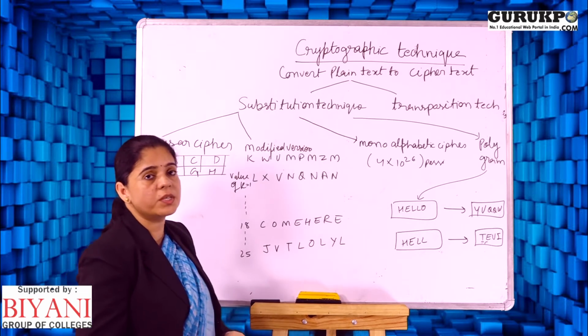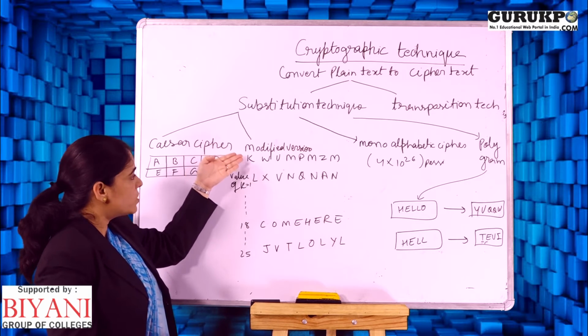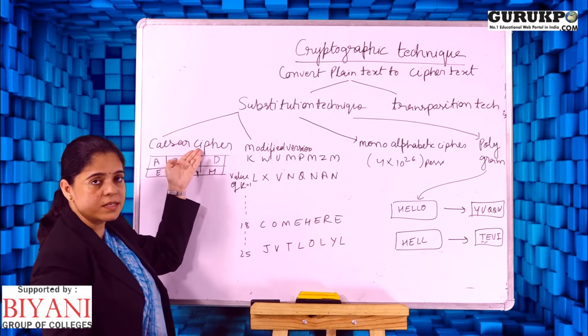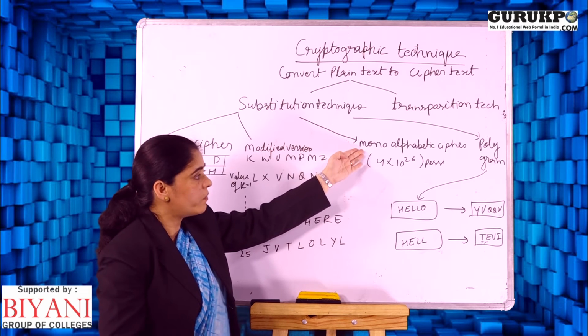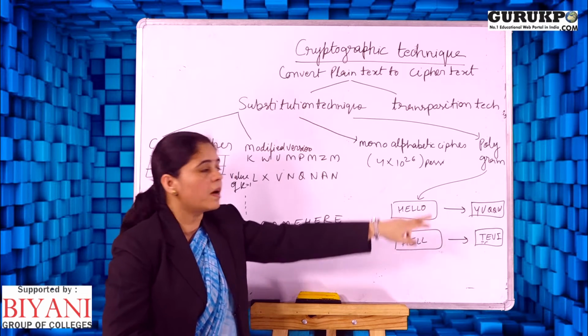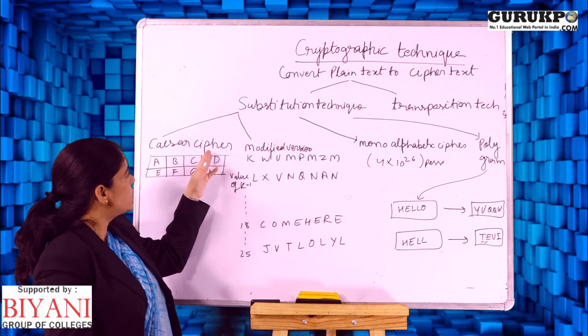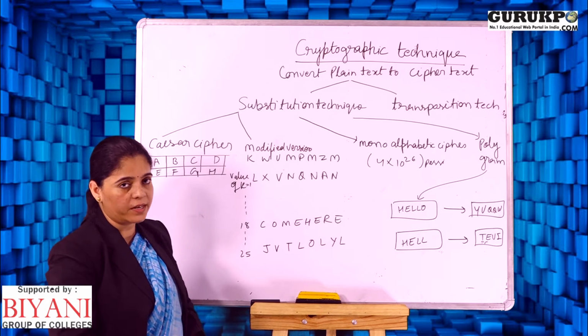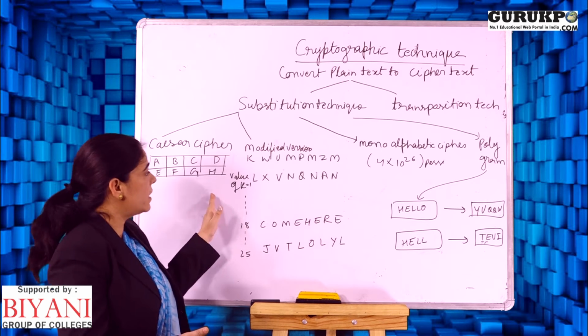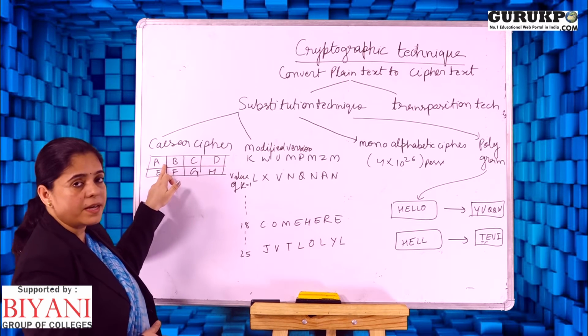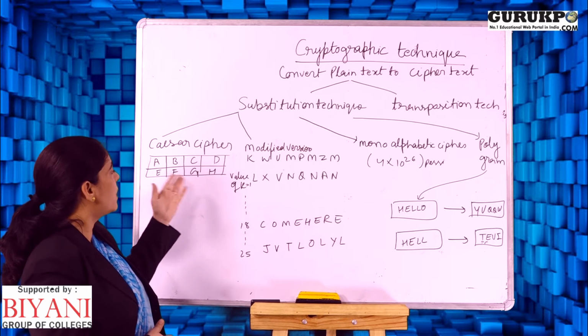For the substitution techniques there are many types: the Caesar cipher, the modified version of the Caesar cipher, the monoalphabetic cipher, and the polygram substitution technique. First we will discuss the Caesar cipher. The Caesar cipher is a very old technique. In this technique we just replace the alphabets by other alphabets.